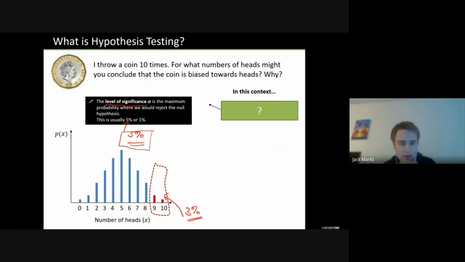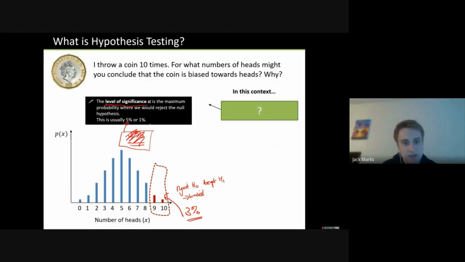So if you have a number like 5%, and this one here is 3%, this would cause us to say that the coin is biased. We would reject our null hypothesis, and we would accept our alternative hypothesis, and the alternative hypothesis is that the coin is biased. Look what happens, though, if I change that number.